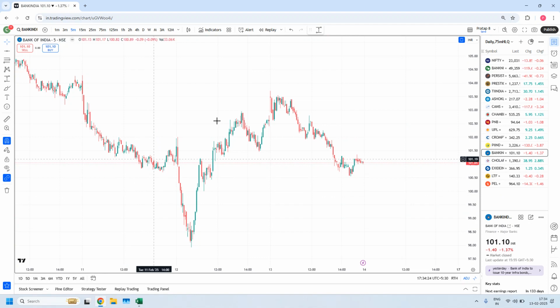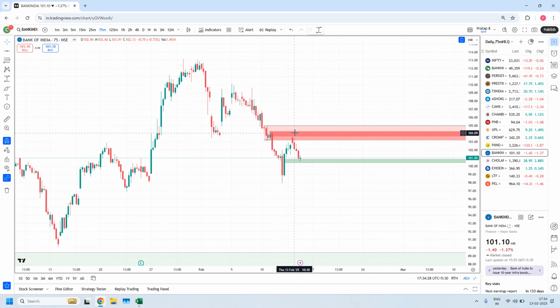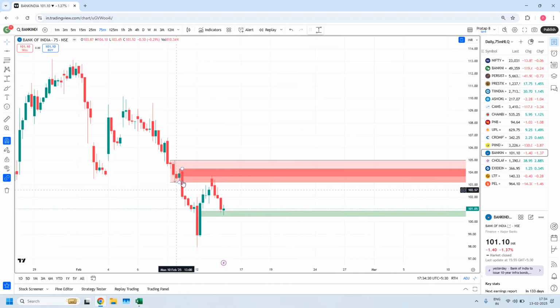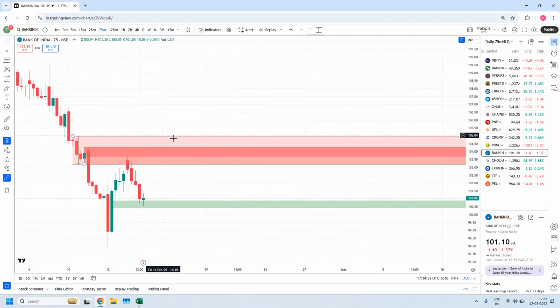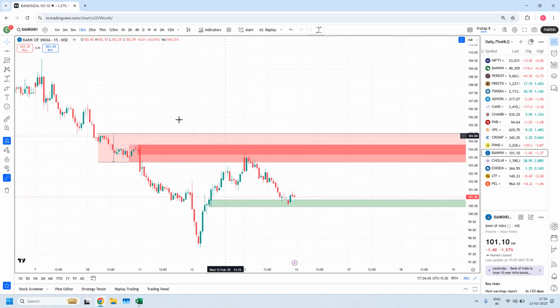Bank of India is a 75 minutes high liquidity zone. Our software identified this zone as a drop, 1, 2, 3, 4 base candles and a drop candle. This is how it identified this zone. And this one we fine tuned with 15 minutes time frame.